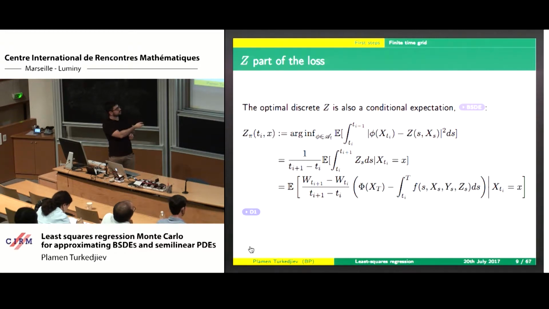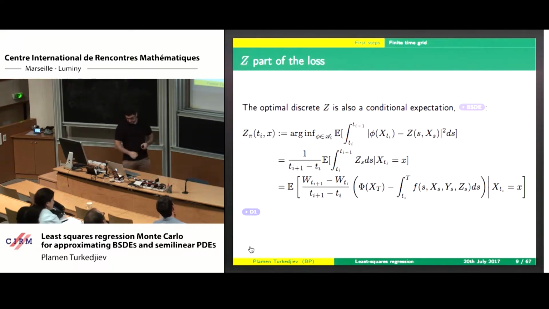So this is a square minimization problem, which you can write explicitly as the Lebesgue integral in time of the process z, taken at the conditional expectation at the point ti. Okay? So this is a projection with respect to the measure of probability and Lebesgue, in L2.